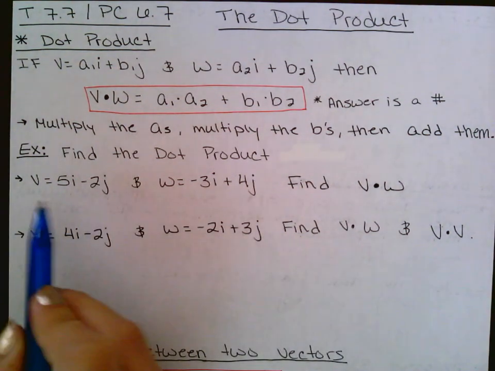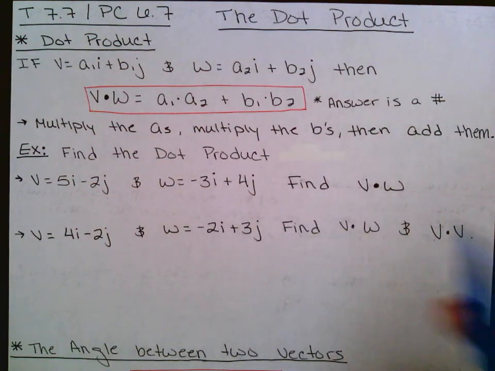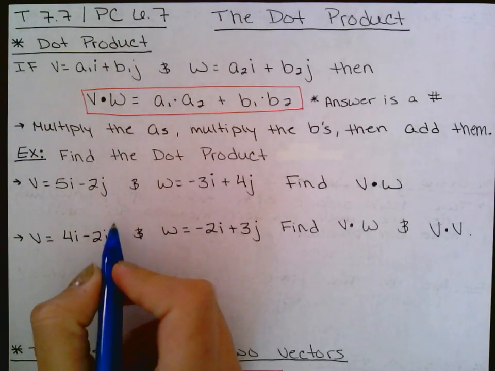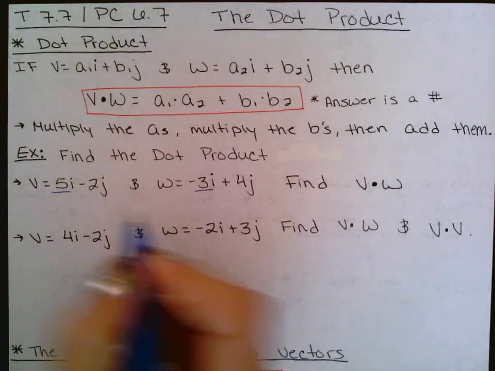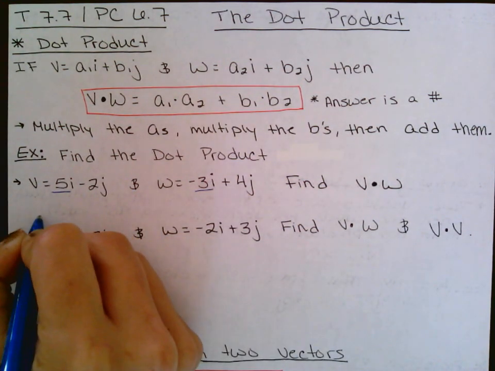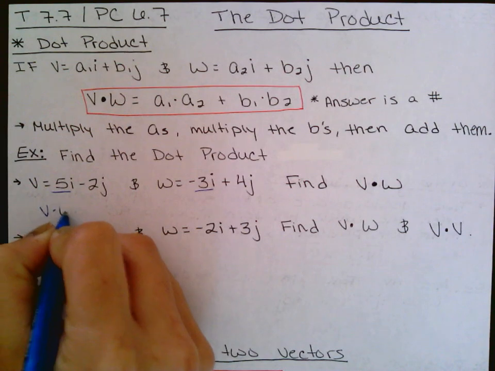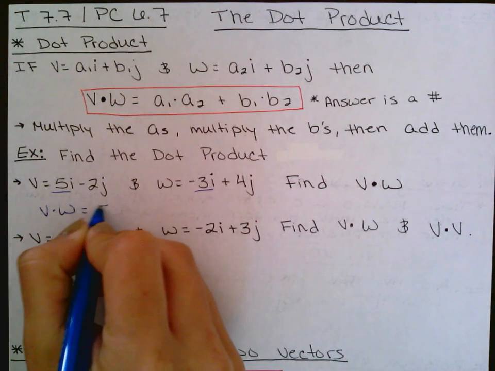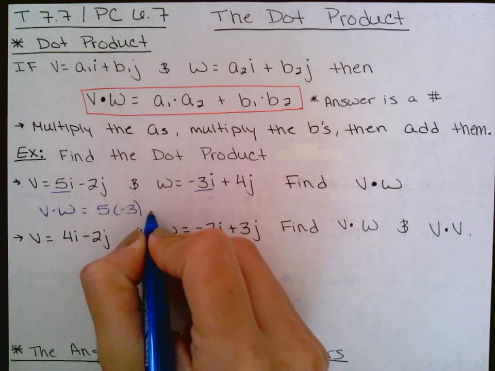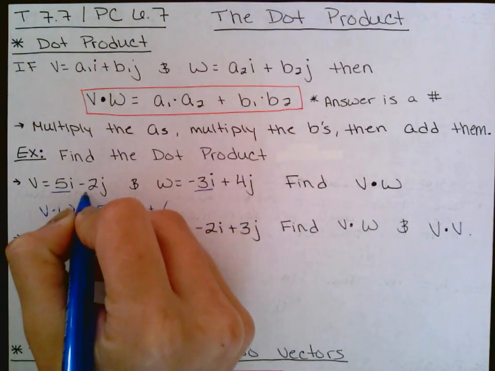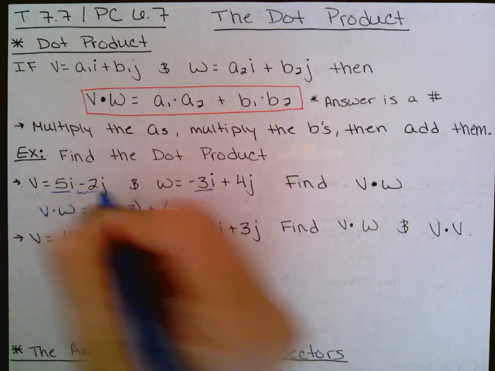Find the dot product of vector v and w. Okay? So I'm going to take my two numbers in front of my i's and I'm going to say v dot w equals 5 times negative 3, okay, plus now my two numbers in front of my j.